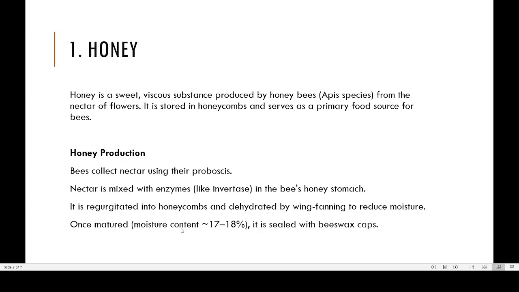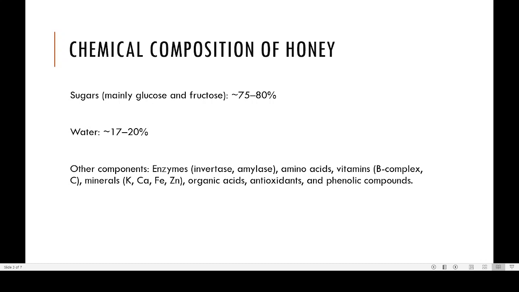Once matured, the moisture content of the honey will be usually around 17 to 20%. That's an important thing. If too much water is present, honey may get spoiled. So in order to reduce the amount of water, they keep the water content at that level only. After that, they seal it with a wax cover. This is how honey production normally goes on.